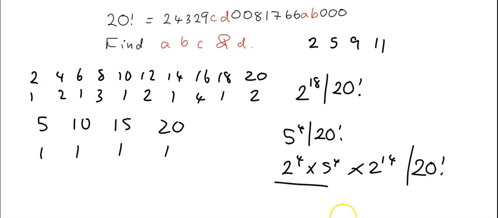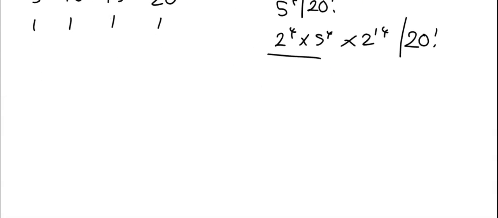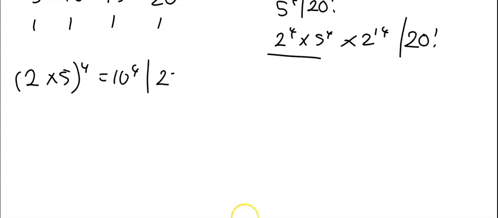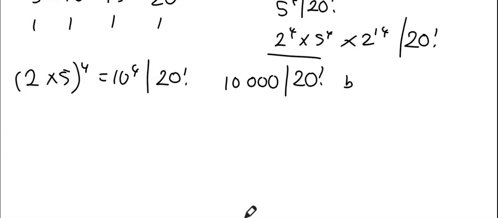We look at these two here. We find that 2 to the power of 4 times 5 to the power of 4, which is 10 to the power of 4, divides 20 factorial. So 10,000 divides 20 factorial, which means that the last 4 digits are all 0, which means that B equals 0.